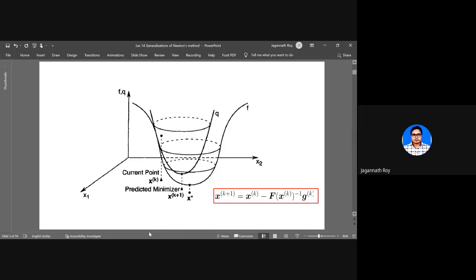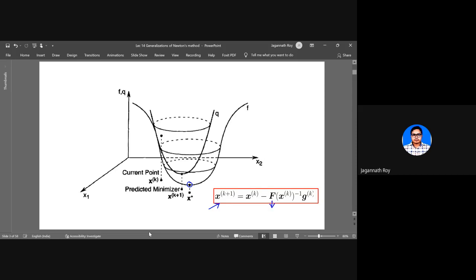Okay, so let us just recall and see one example. The target is to find the minimum point. And the iterative formula for Newton's method is this one.